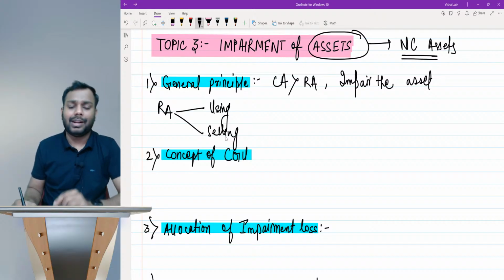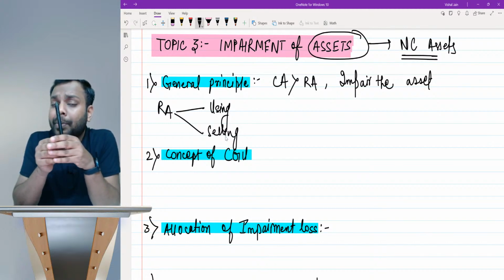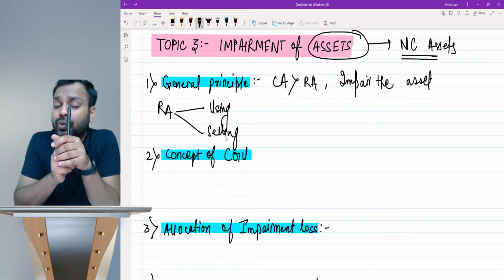Now, tell me, if I use this pen, I'll get a value of rupees 200. But if I sell this pen, I'll get a value of rupees 50.